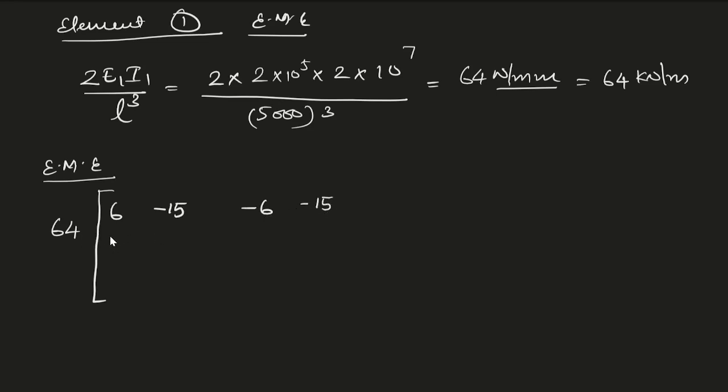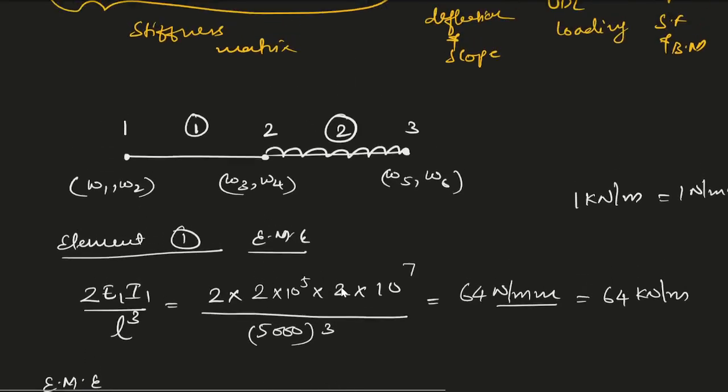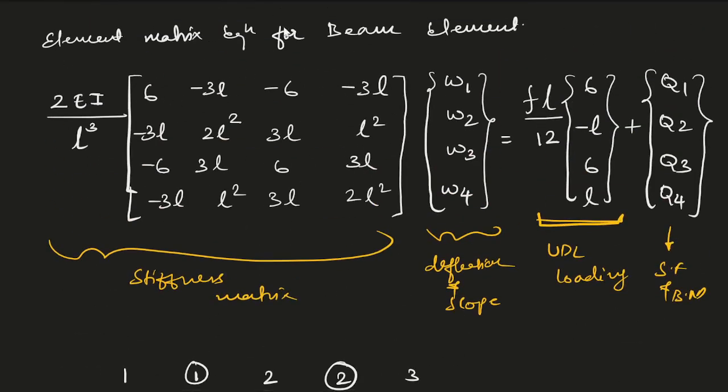We have to multiply the elements, so minus 15, then 50, 15, 25, then minus 6, 15, 6 and 15, then minus 15, 25, 15 and 50. Here we have to multiply the length.